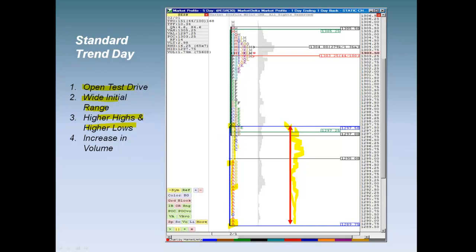And we continue to see that the same happens. For period C, here's the low for C, here's the low for B. Obviously, C has a higher low than B, and it also has a higher high than period B. So we're continuing to see higher highs and higher lows. Also, this will be accompanied by an increase in volume.